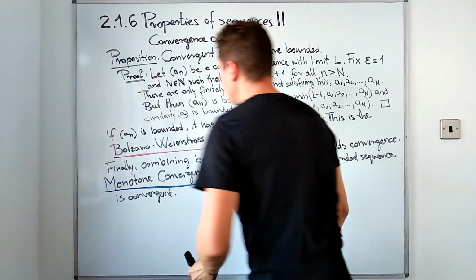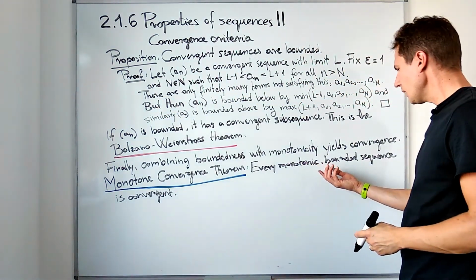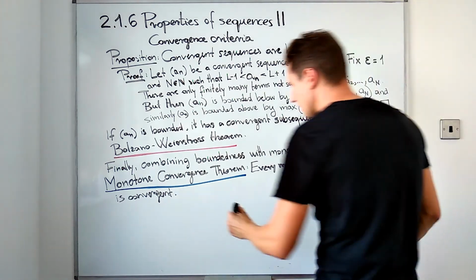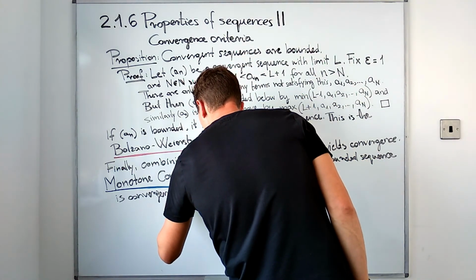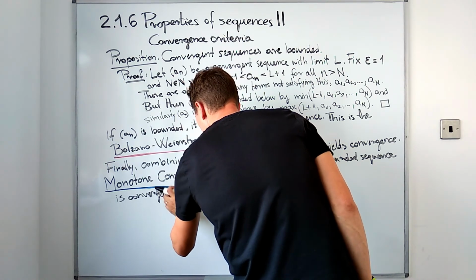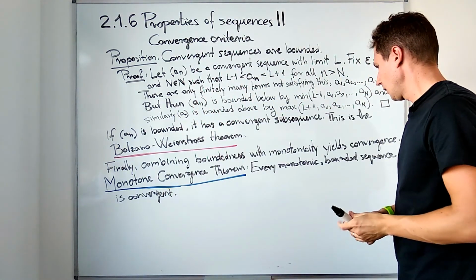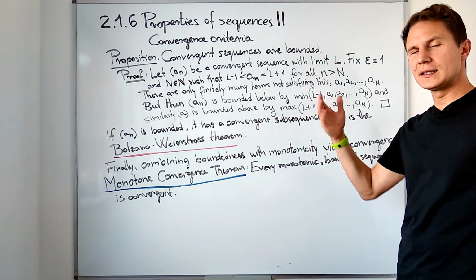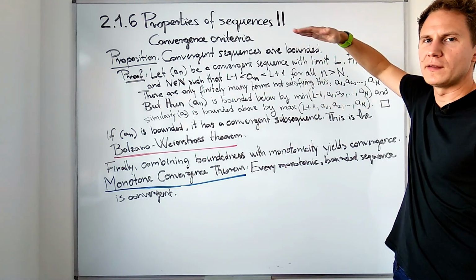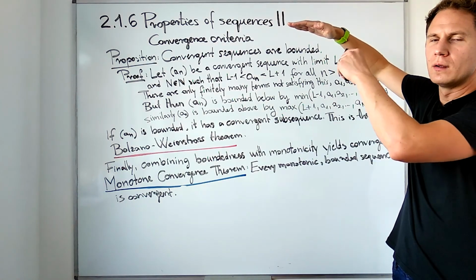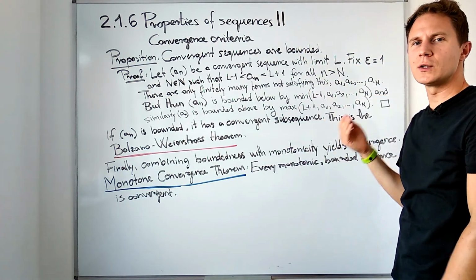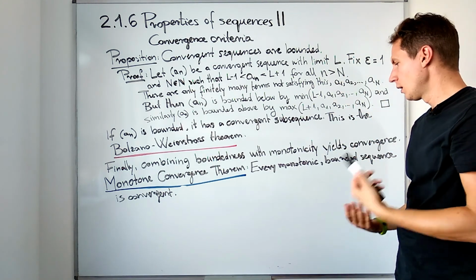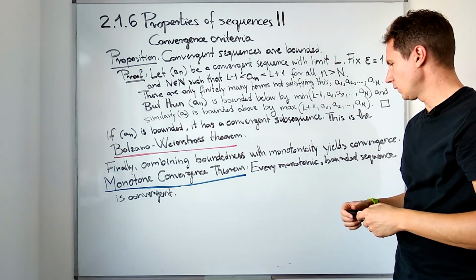In fact, it can be broken into two parts. Let me just say it rather than writing this. Every increasing sequence that is bounded above will be convergent, and similarly every sequence that is decreasing but bounded below will also have a limit, so it's also convergent.